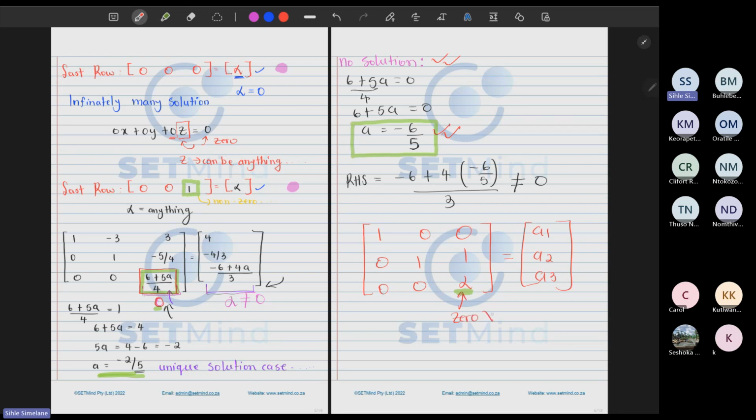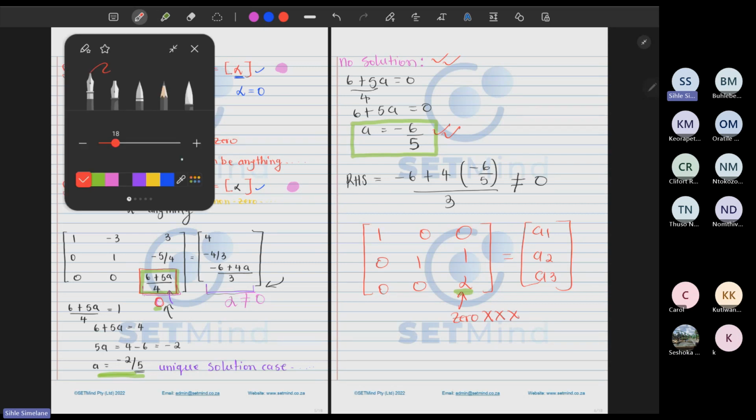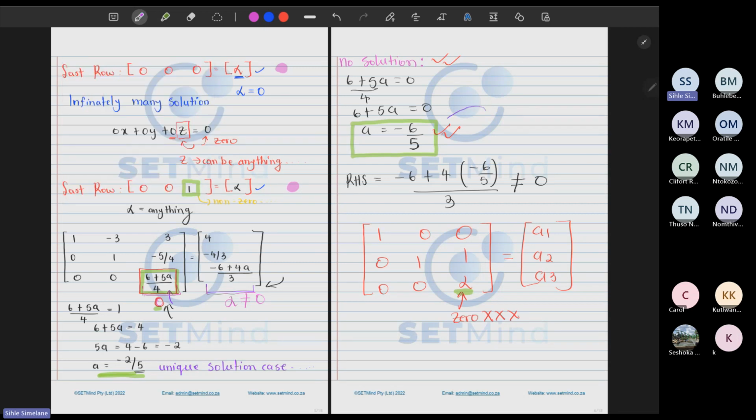We do not want a 0 there. And the only time we are going to have a 0 is if our a is equal to that. So in fact, we can expand our solution. Instead of trying to always achieve a 1 here, we can have any number there, as long as when we insert the a value, we don't get a 0.